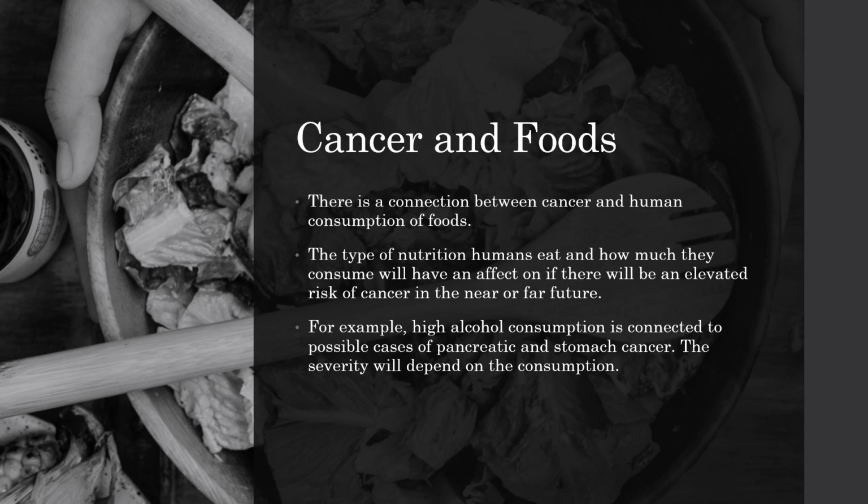Cancer and foods. It has been believed that there is a connection between the types of nutrition humans consume and how much of a certain product they consume with the possibility of contracting specific types of cancers in the near future. As we progress through this presentation, our group will touch on this topic in much more detail, with examples provided to build on this topic of interest.